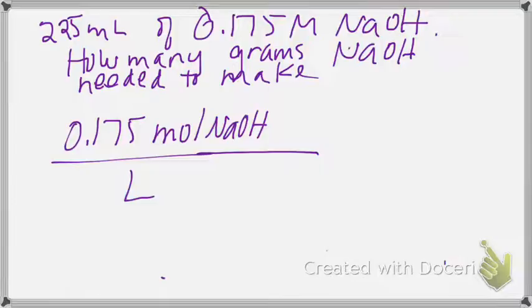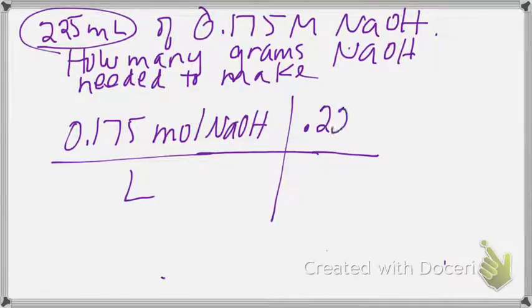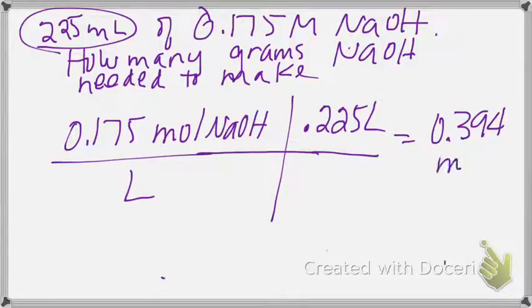I only have one other thing in the problem. If I have liters on the bottom, I need to put it on the top. So I'm going to take this 225 milliliters and multiply it by 0.225 liters. Then that will give me 0.394 moles of sodium hydroxide.